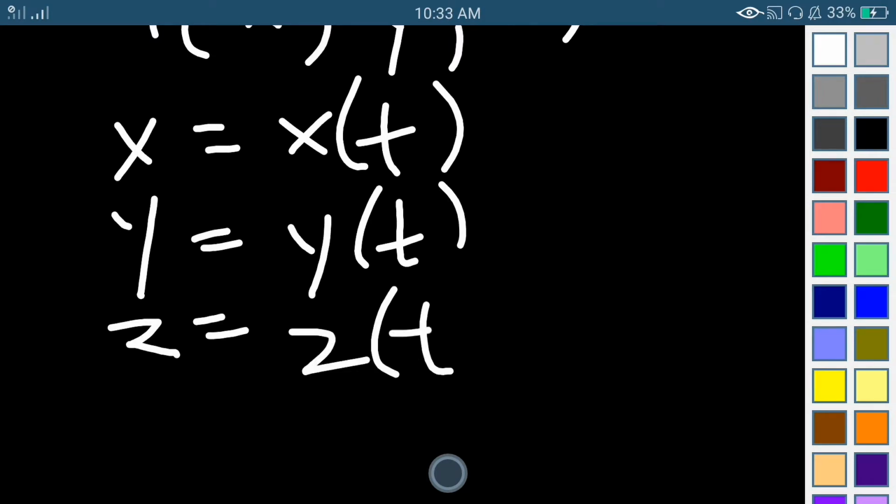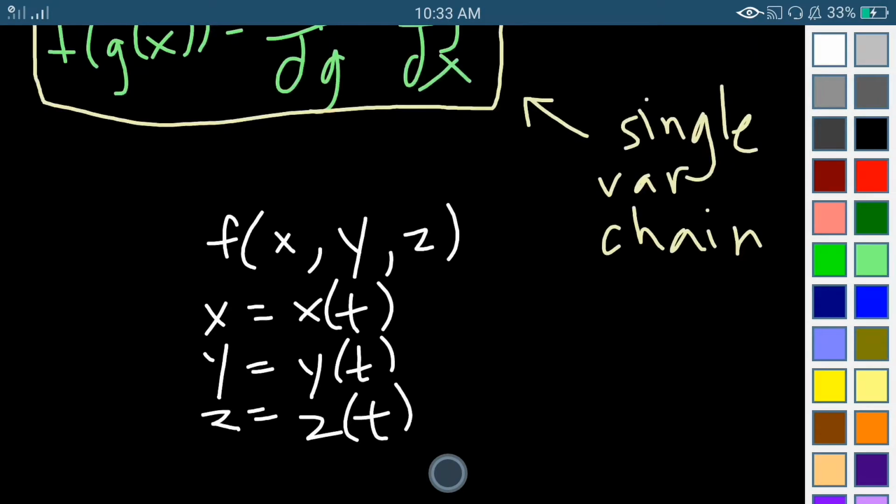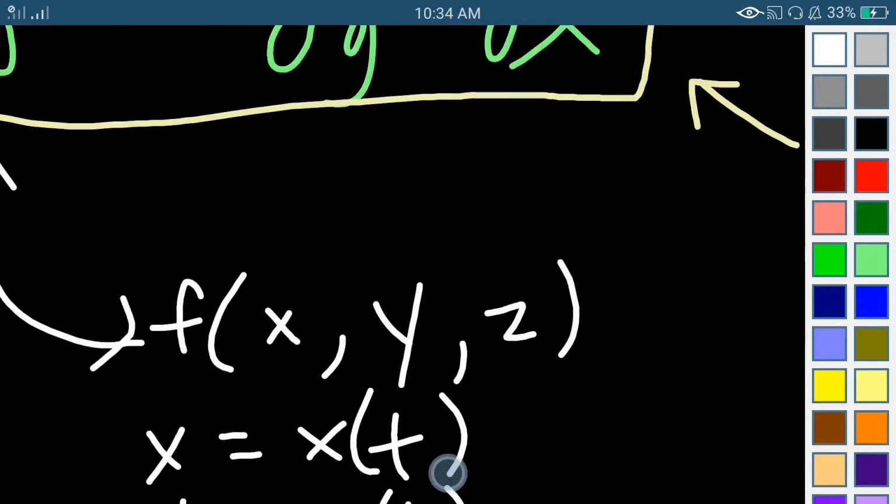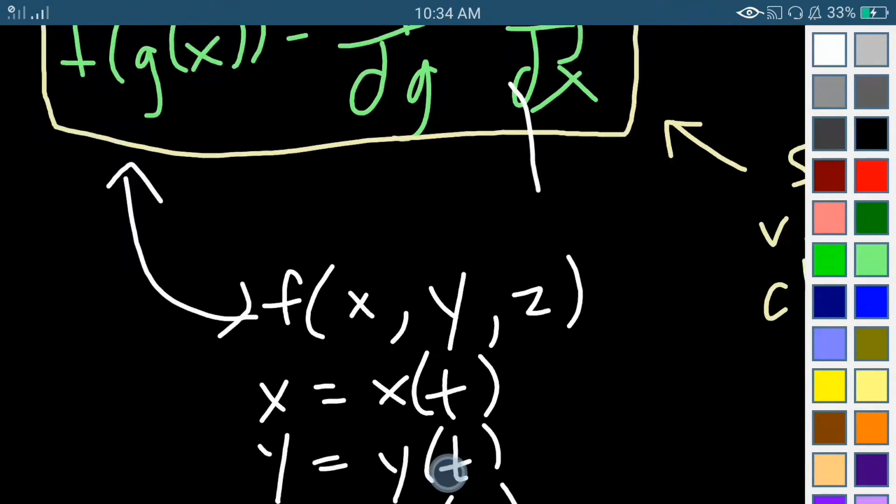So notice the similarities between this and this. The function f is taking as inputs functions of an independent variable.